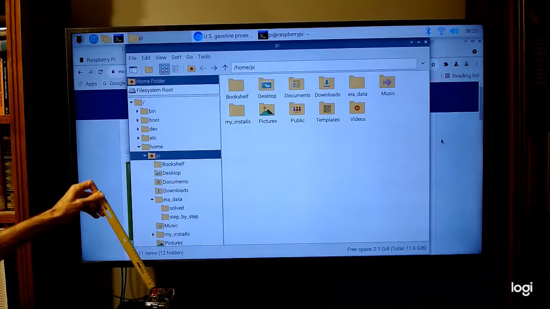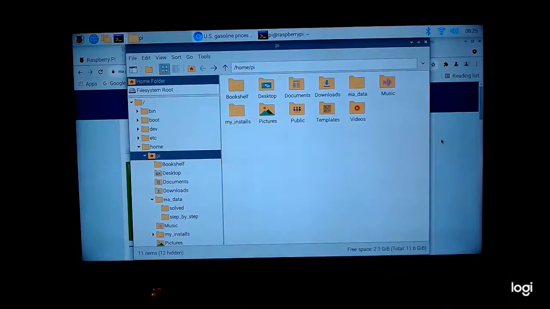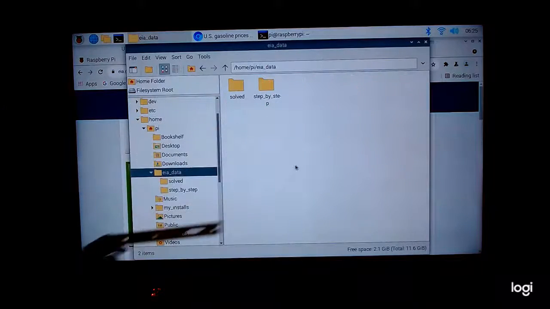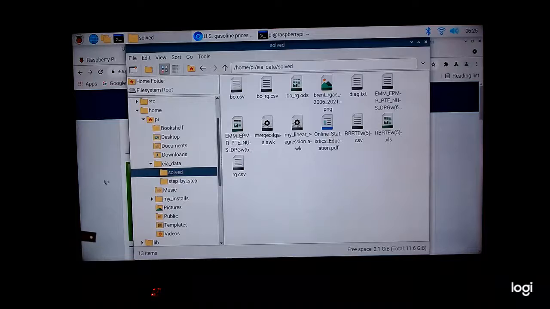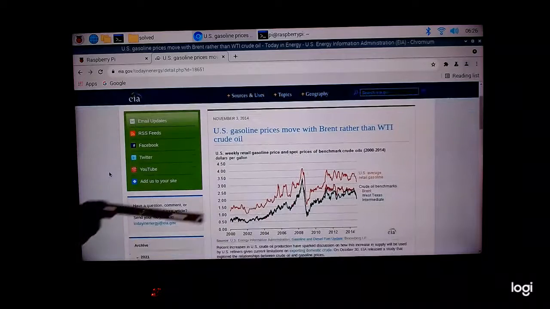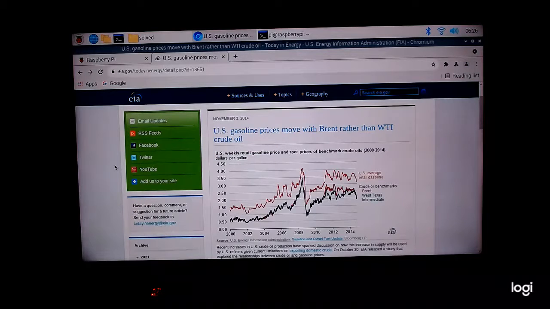There's my Raspberry Pi that I'm using. I made a directory from my EIA data. If you go to the Energy Information website, they said to use U.S. gasoline prices move with the Brent rather than West Texas.